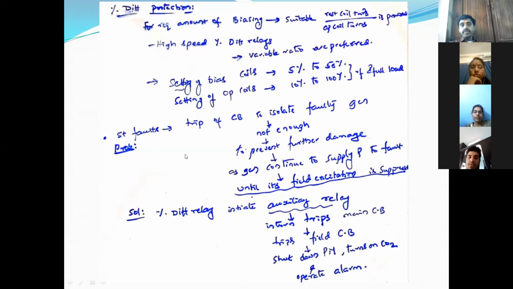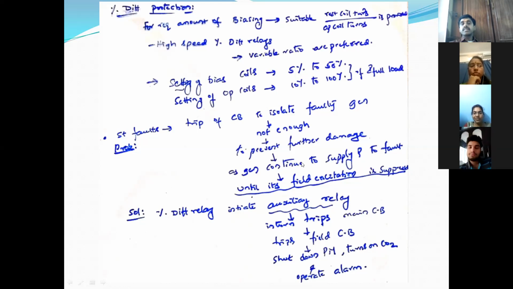As I said in the previous slide, for stator faults, just tripping the main circuit breaker is not enough to prevent further damage. The generator continues to supply power to the fault until its field excitation is suppressed. If you don't disconnect the field circuit, it will continue to supply the fault.